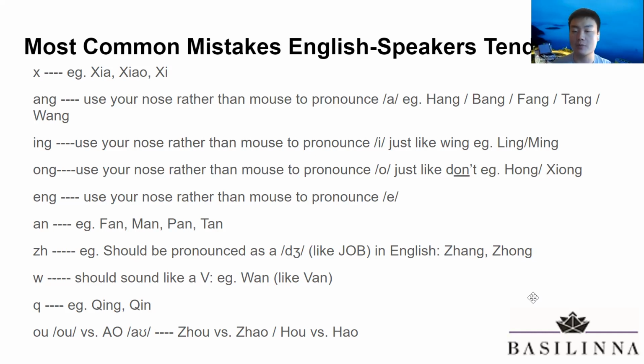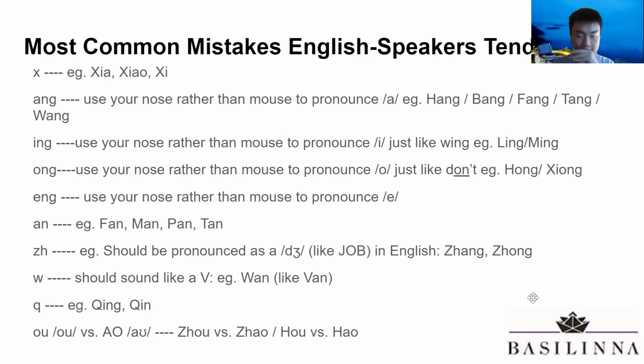Okay, let's take some examples. The first one would be hong, hong, hong. The next one would be xiong, xiong, xiong.